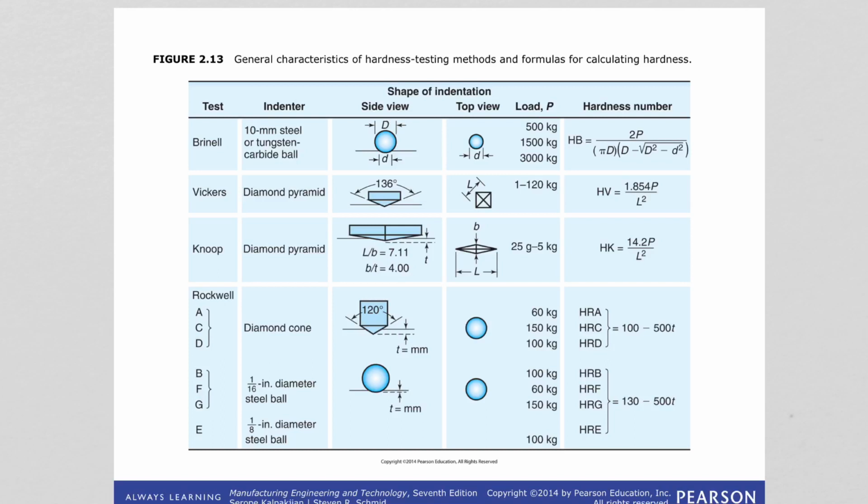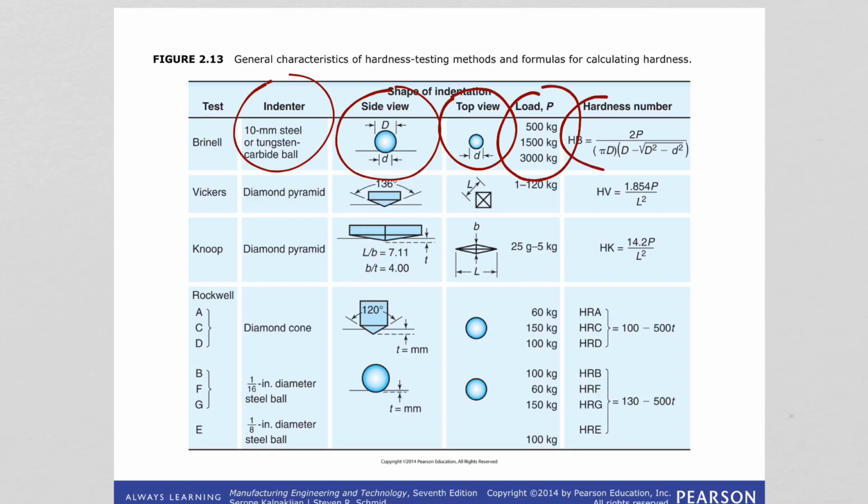For example, it involves an indenter, which is either steel or tungsten carbide, and the shape of the indentation is given, side view and top view, the typical loads that are applied during the test, and how the hardness is related to the dimensions of the indentation and the force that is applied.